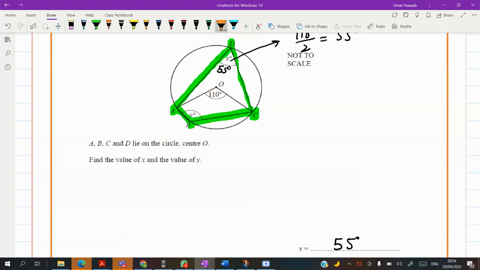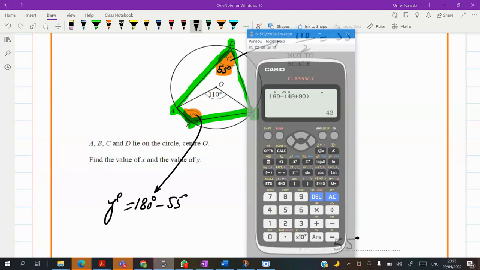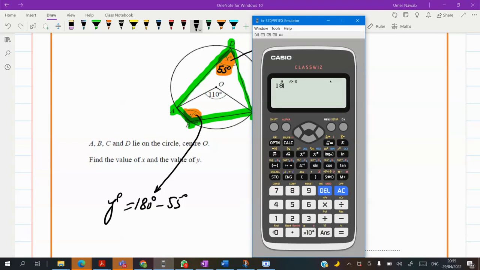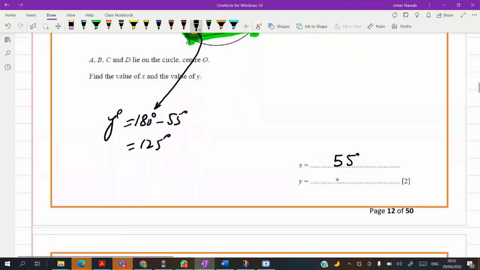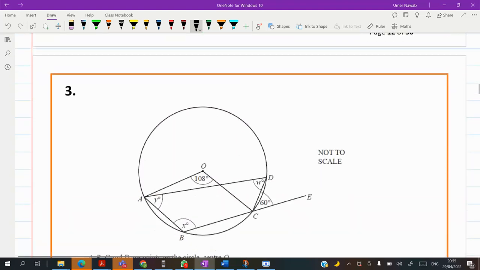Yes, ABCD is a cyclic quadrilateral. And what is the famous property of a cyclic quadrilateral? The opposite angles are supplementary. So y will be 180 degrees minus 55. Let me do the subtraction. 180 minus 55 will give you 125. So I'm going to write here 125.